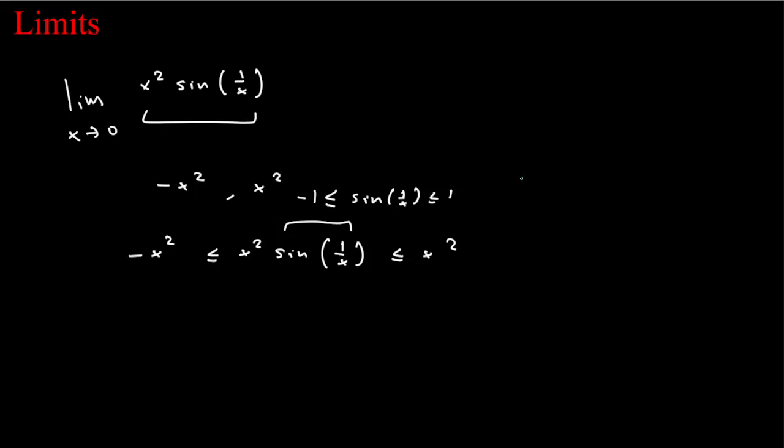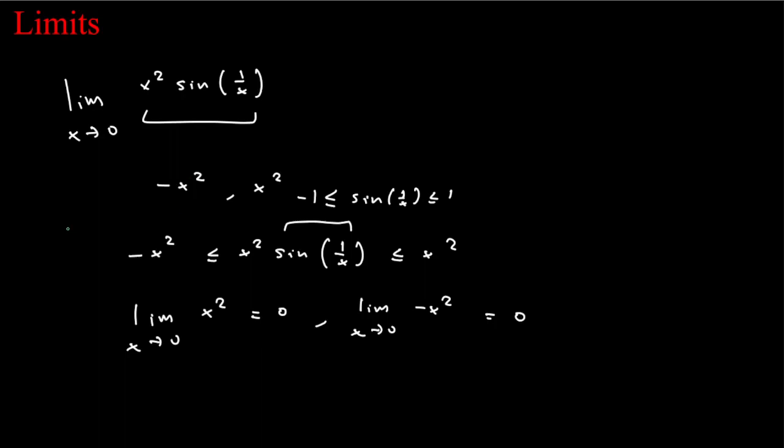And in fact, we have found these two bounds of this function. And we know that the limit as x tends to 0 of x squared is equal to 0. And similarly, the limit as x tends to 0 of minus x squared is also equal to 0. So we found something very interesting, right?